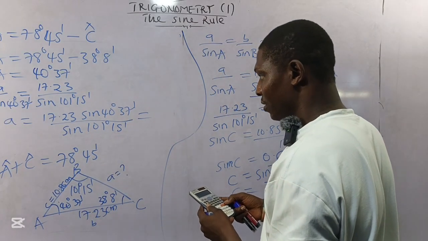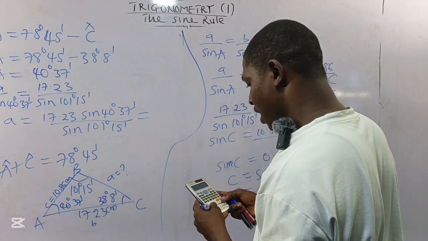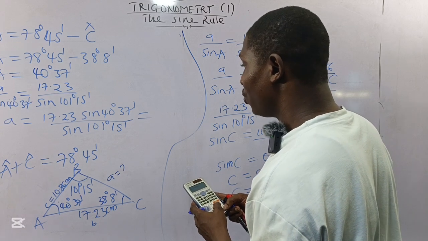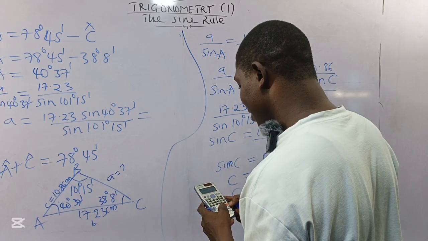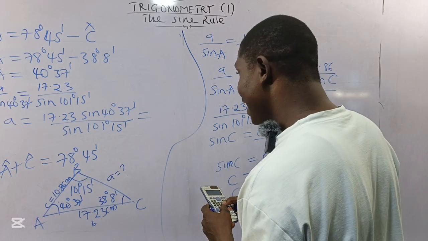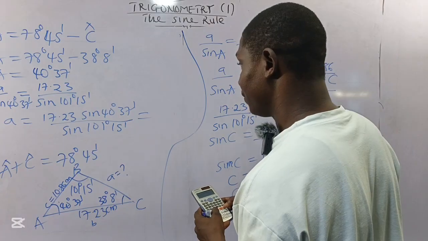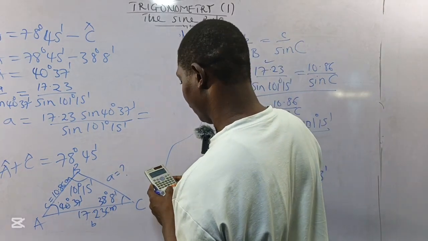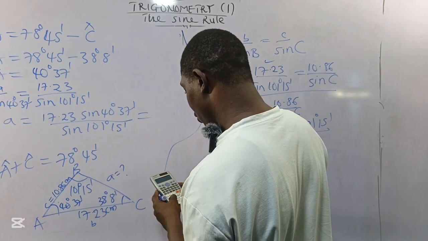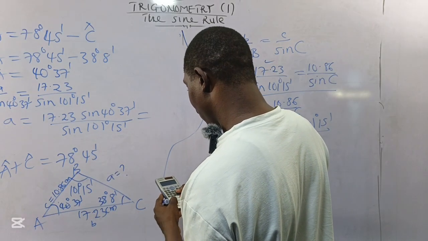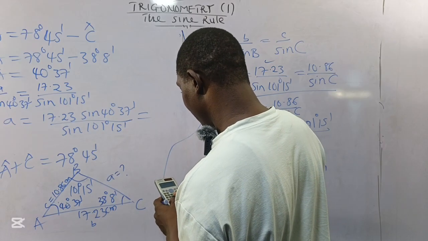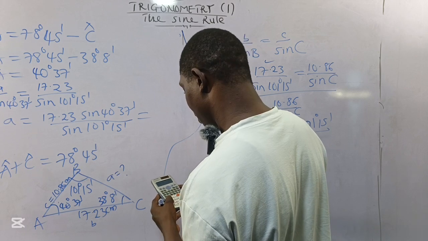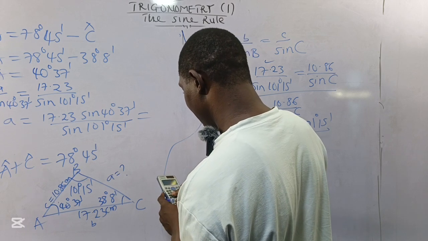If I press this out, I have 17.23 times sine 40 degrees 37 minutes to give me this, and if I divide by sine of 101 degrees 15 minutes, a equals 17.23 sine 40 degrees 37 minutes divided by sine 101 degrees 15 minutes.